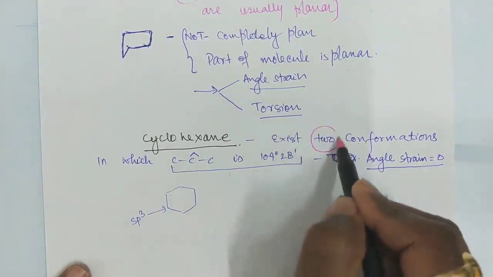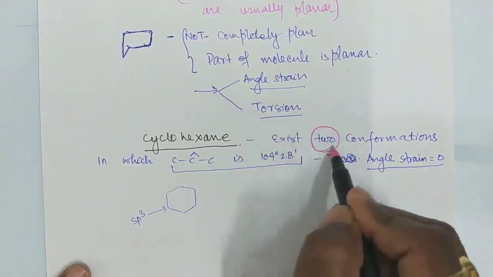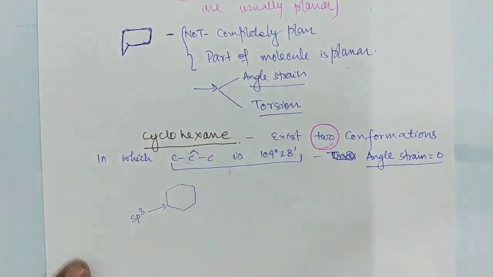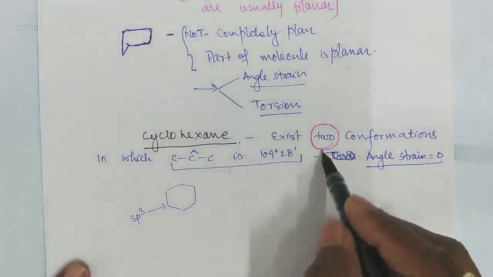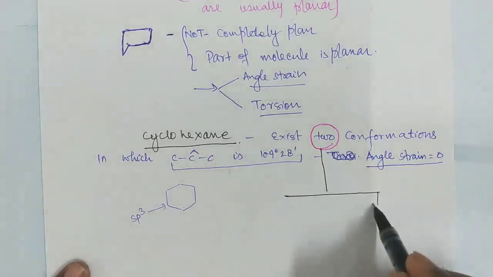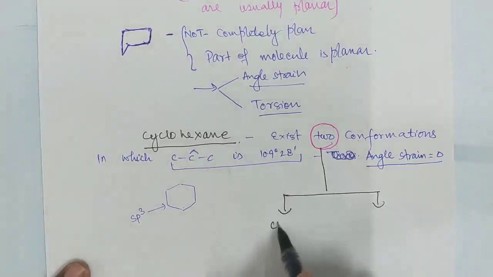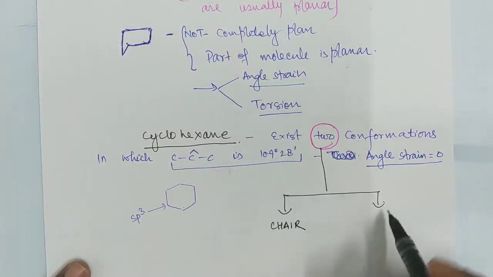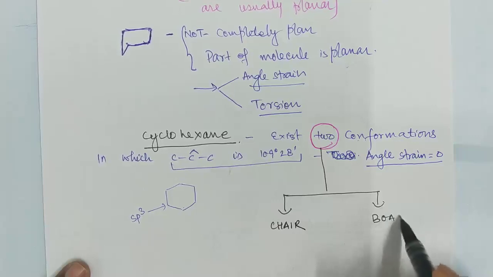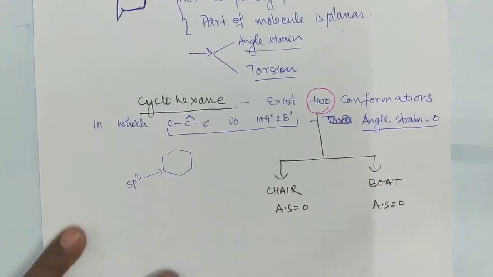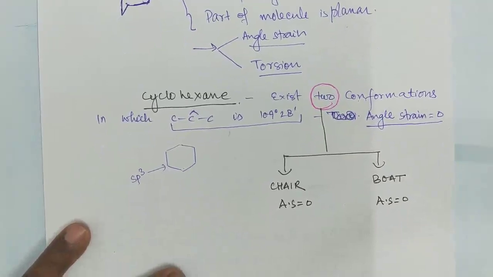So what are these two major conformational structures? One is chair form. The two conformers are chair and boat form, in which angle strain is zero. See, angle strain zero.